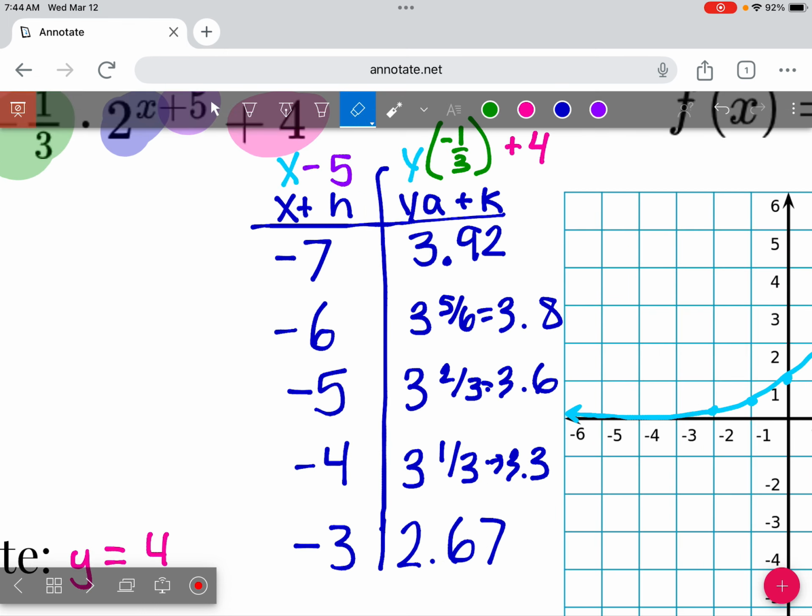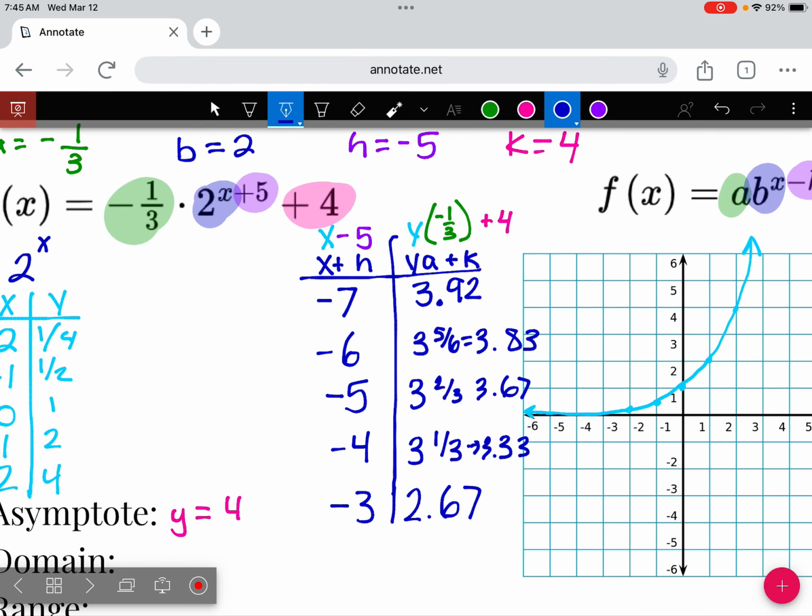So for the y for -6, I got 3.83, and for the y for -5, I got 3.67. And then for 4, I got 3.33. Yep.